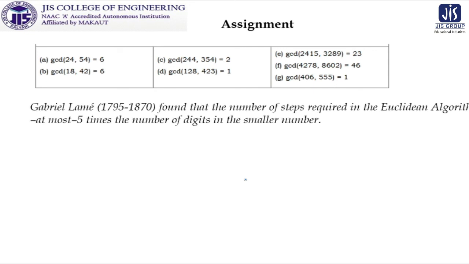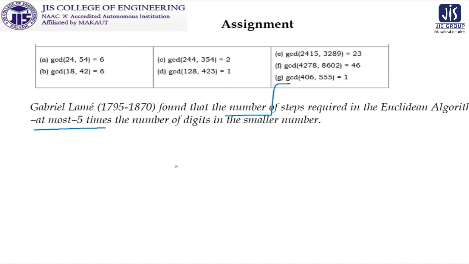Gabriel Lamé found that the number of steps, this is very important, required in the Euclidean algorithm is at most 5 times the number of digits in the smaller number.